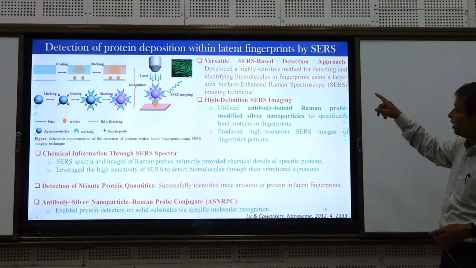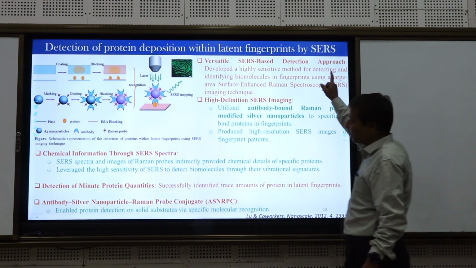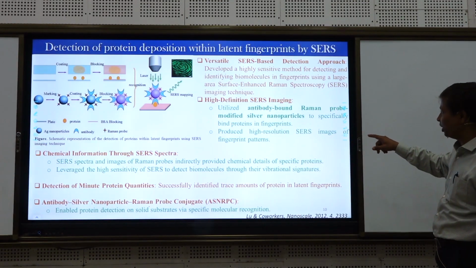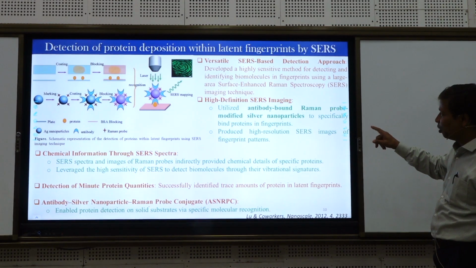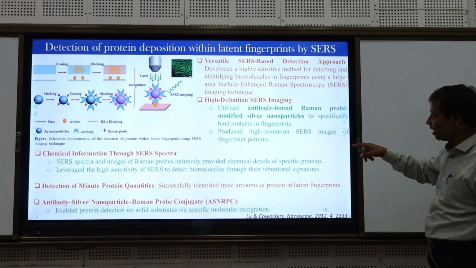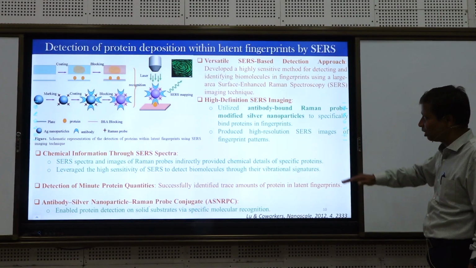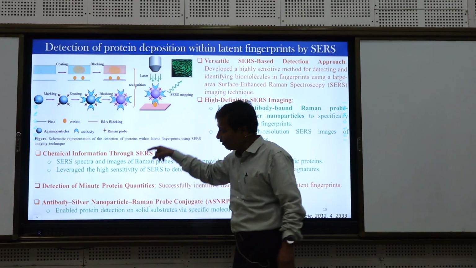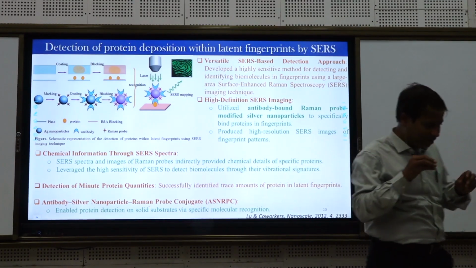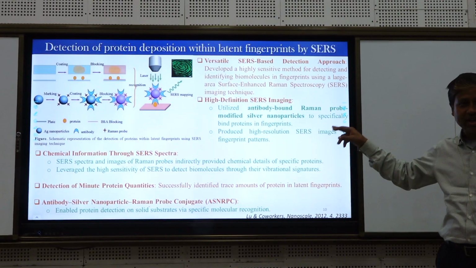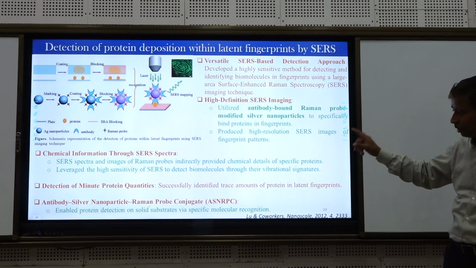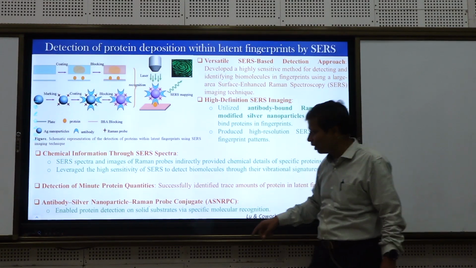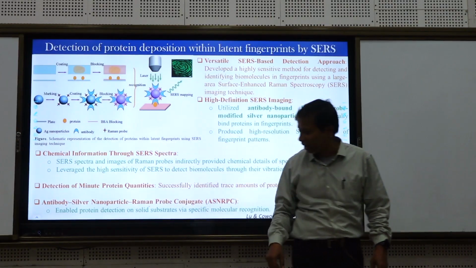So this one is again by SERS. In this case they have used an antibody. That antibody will bind with the protein and that will be sprayed on the surface and then you do the SERS mapping. And they have found this antibody-based SERS technique is very informative and it detects very minimum quantity. Minute protein quantity can also be detected with this one.